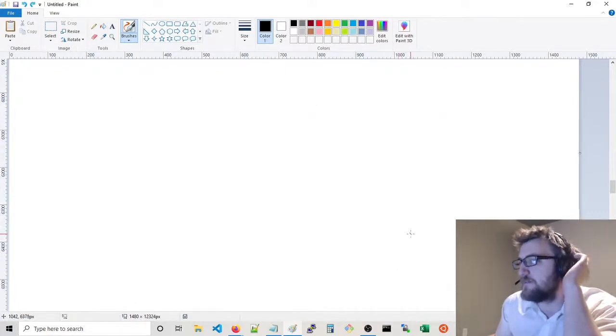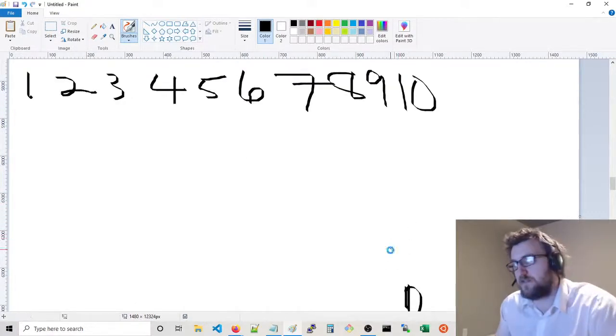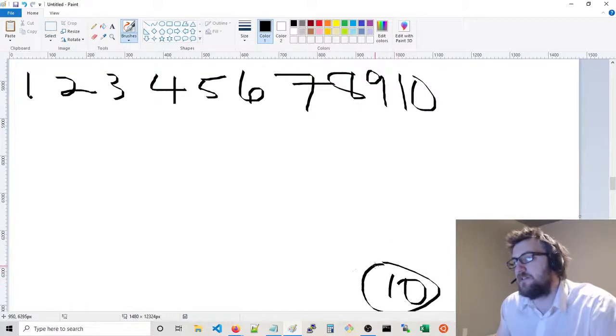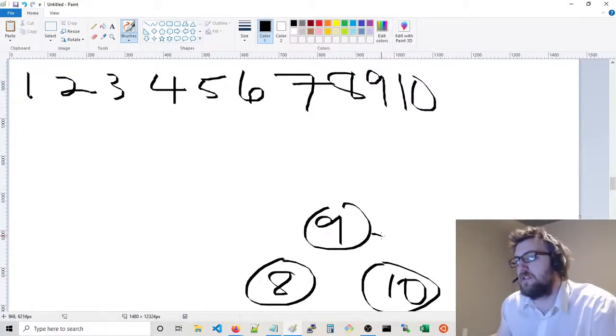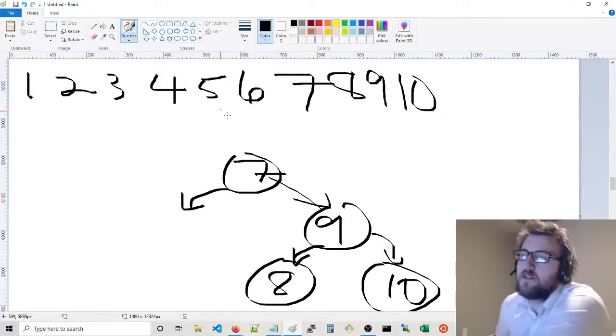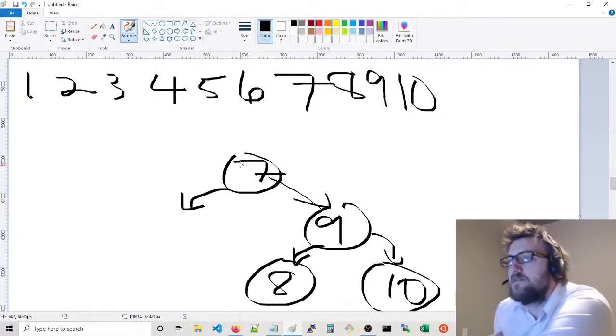But here you would do 10, 10, 8, 9, and then 7, and then everything to the left of that, which gives you... probably just want the middle element, which would be 3 or 4. 3 is fine.